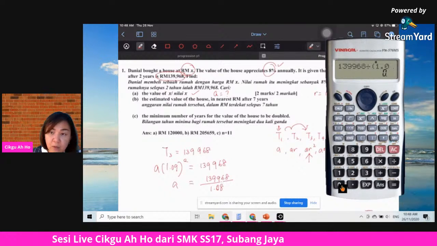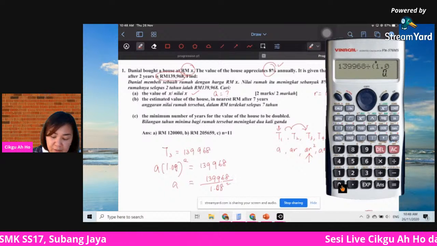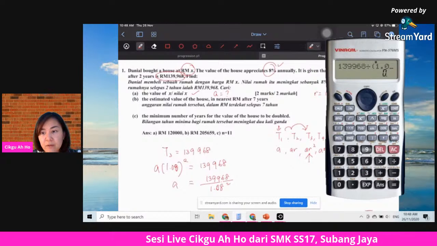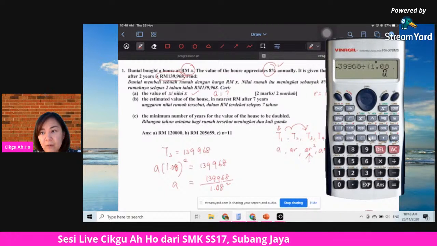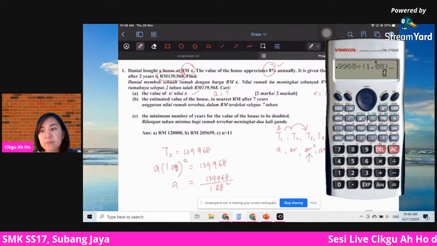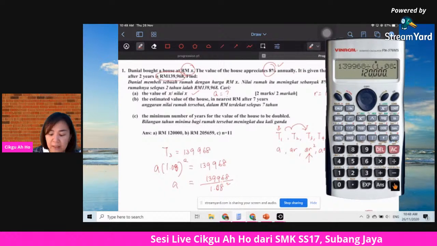Okay. To the power of 2, right? Boleh lah ikut. 1.08. Okay. To the power of 2. Okay. So kita bagi. So this is the A.